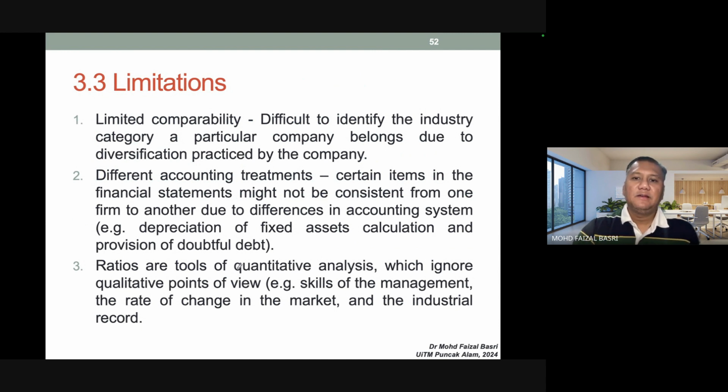Number three, since ratios use a quantitative approach, they tend to ignore the qualitative aspects, such as the skill and experience of the manager. We ignore those because our analysis is purely based on statements, on quantitative data.